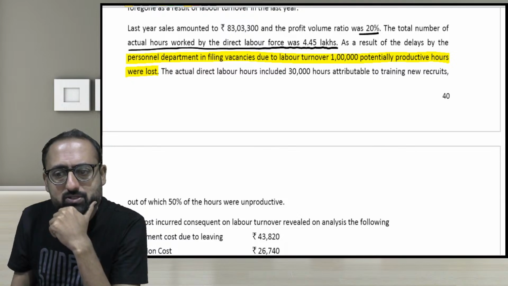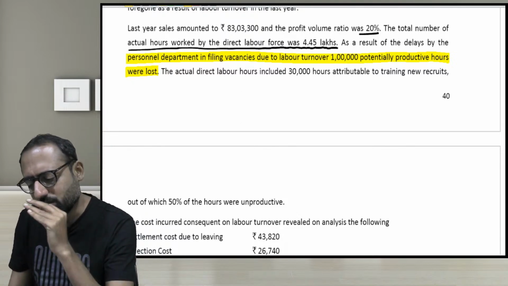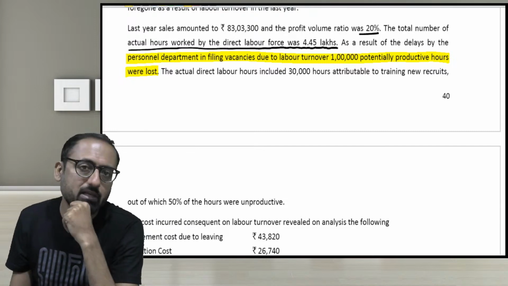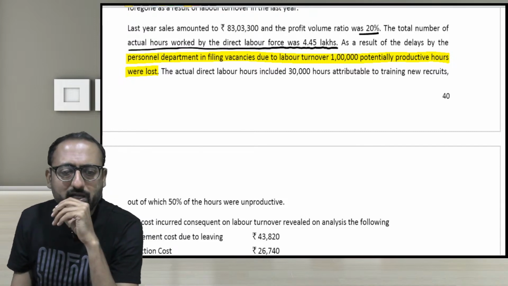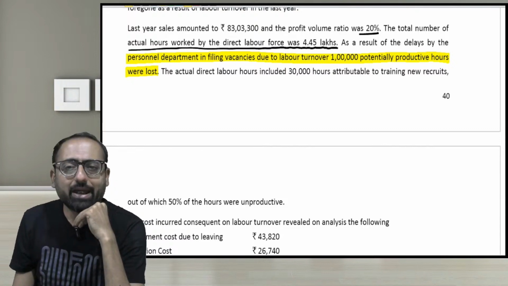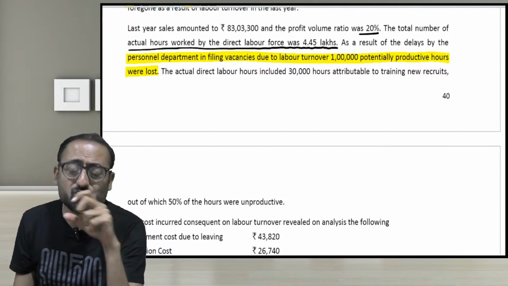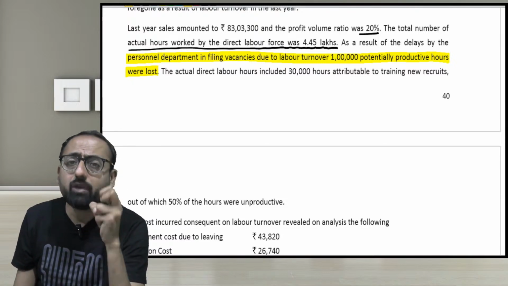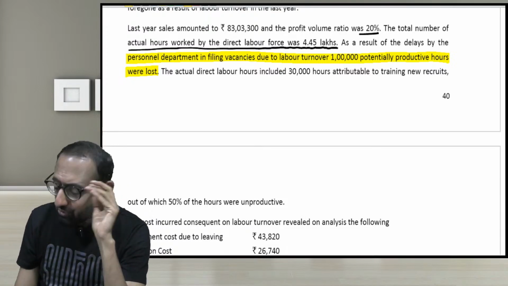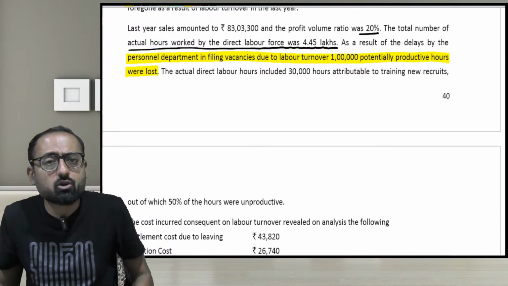Why were those hours lost? Because of the labor turnover, workers left or were discharged, and the personnel department was not quick to refill the vacancy. So 1 lakh potential productive hours is lost.